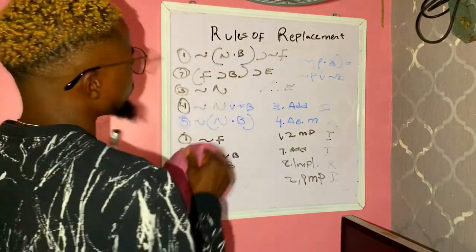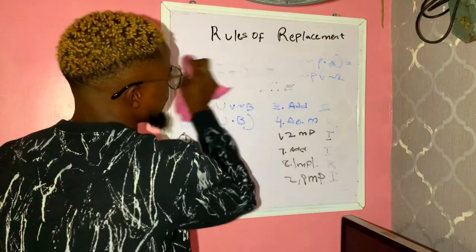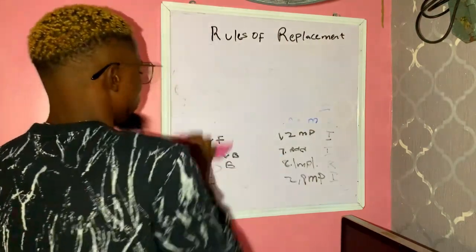So let's quickly solve one more example before we move on to our next topic, which is the rule of inconsistency.